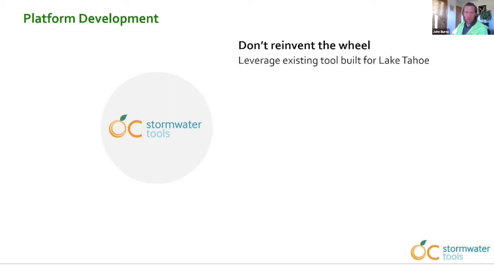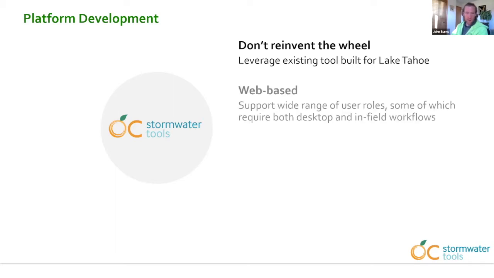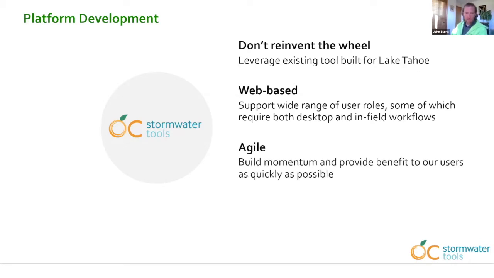So let's propose to leverage that. We know in this day and age, having a web-based tool to enable collaboration and support work both at the desktop and in the field is really the preferred direction for these types of collaborative data sharing platforms.